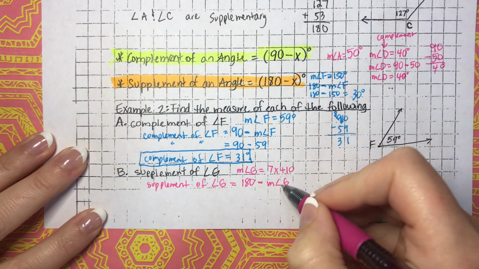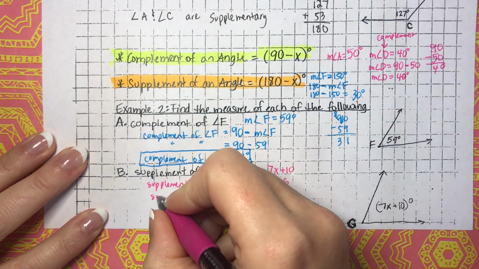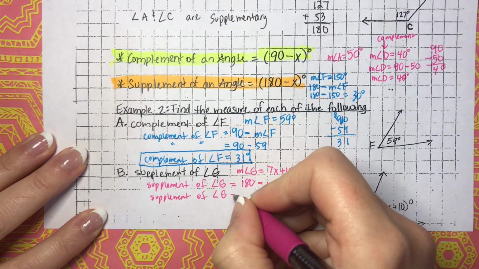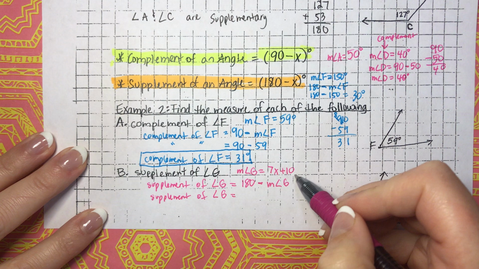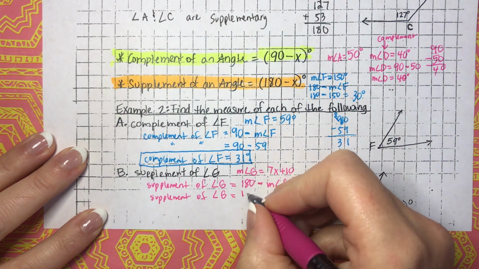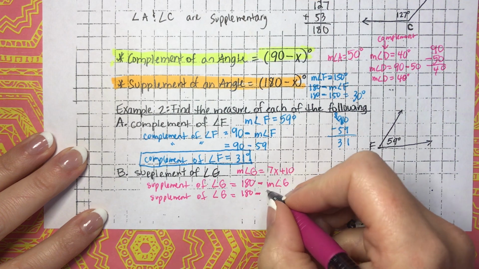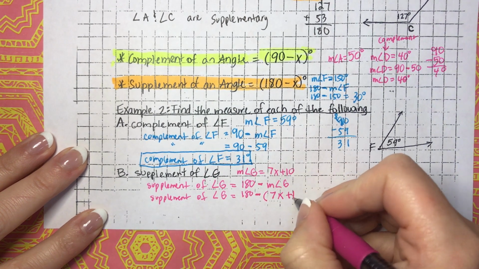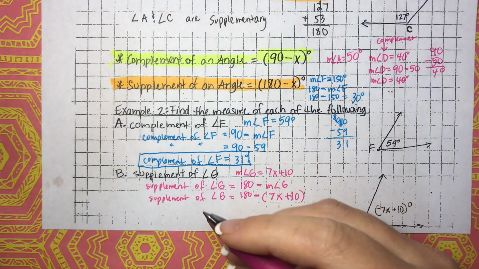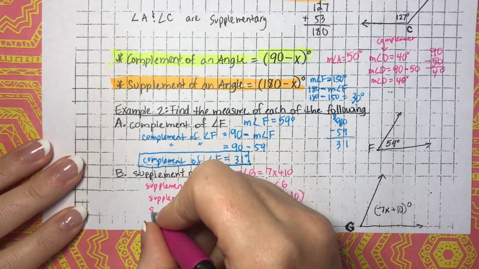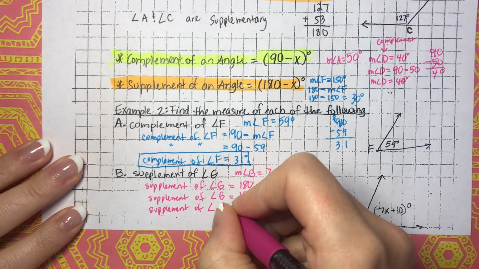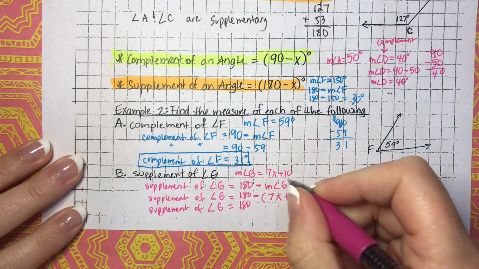Then we substitute this in. So we get supplement of angle G. We're going to substitute this. Since there's multiple things to substitute in for the measure of angle G, we have to put it in parentheses. So 180 minus (7x plus 10), and there we are. We're back to our warm-up problem. So supplement of angle G is equal to 180.